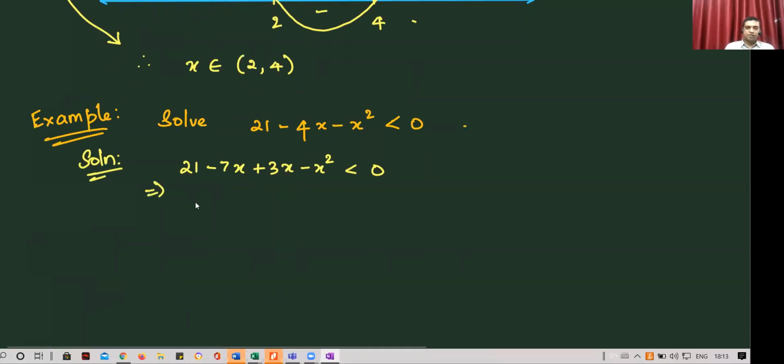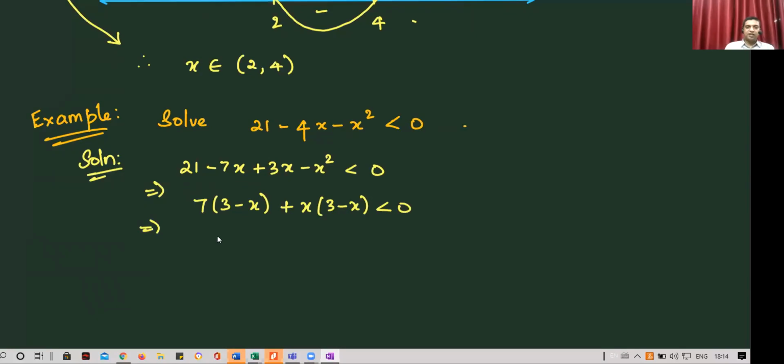If I take 7 common, 3 minus x plus x common, 3 minus x less than 0.